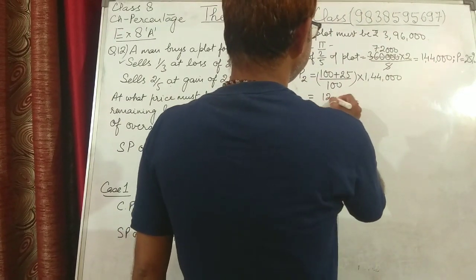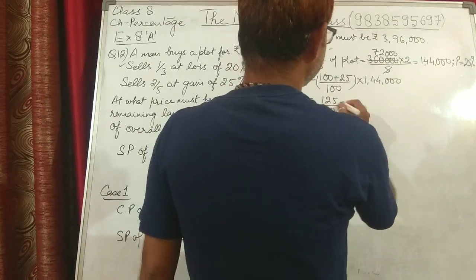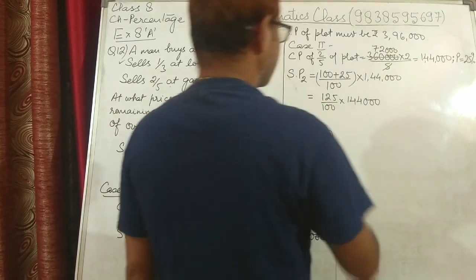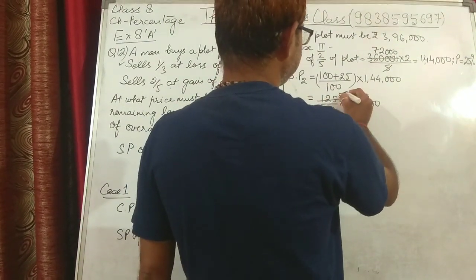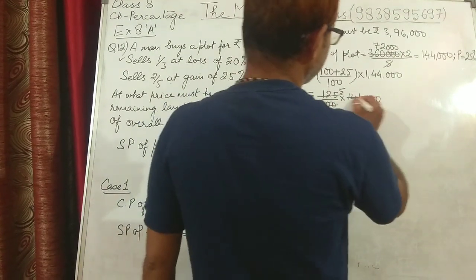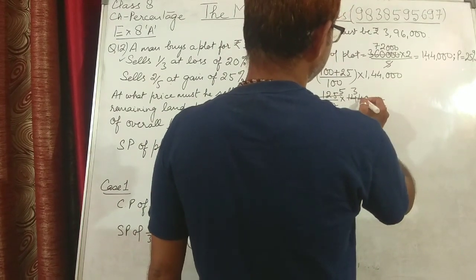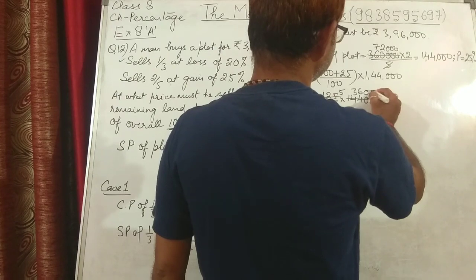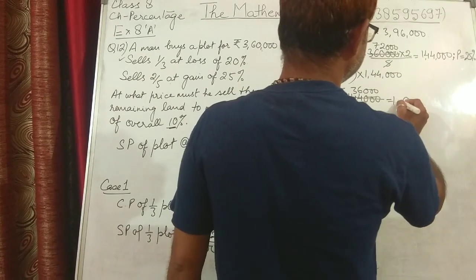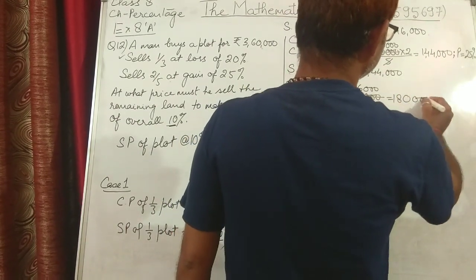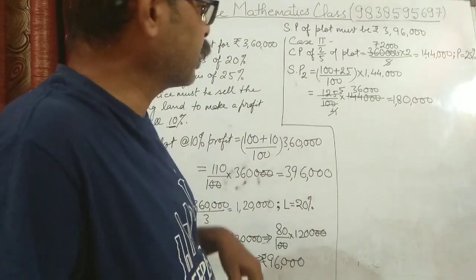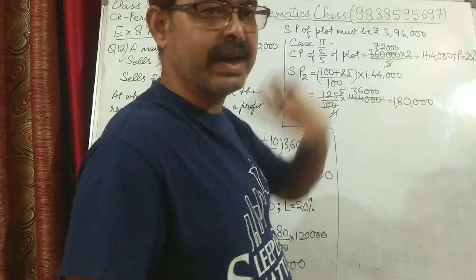When you solve it, it will be 125 upon 100 into 144,000. Now 25 fives are 125, 25 fours are 100. This can be divided: 4 ones are 4, 4 threes are 12, 4 sixes are 24, and three zeros. Then 6 fives are 30, 3 fifteens and 18, 180, and three zeros. So he sold the 2/5 of the plot at rupees 1,89,000.